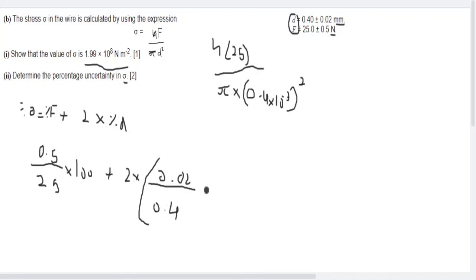When I'm solving percentage uncertainties, I will ignore any units. I will not convert this 0.4 millimeter into meters. Times 100, and I get my answer as 12%. So S has a percentage uncertainty of 12%.